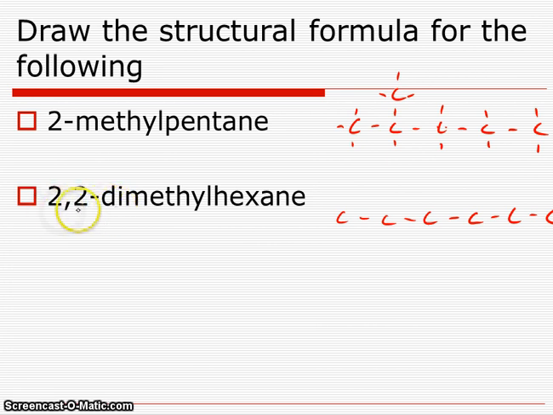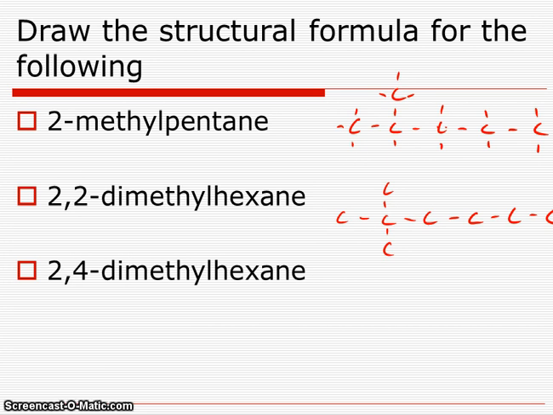The numbers tell us where those branches are coming from. So we're going to have a methyl group coming off of the second carbon, and a second methyl group coming off of the second carbon. And again, remember that we would fill in all of these spaces with hydrogens. For simplicity, though, we're just going to do the skeletal structure.